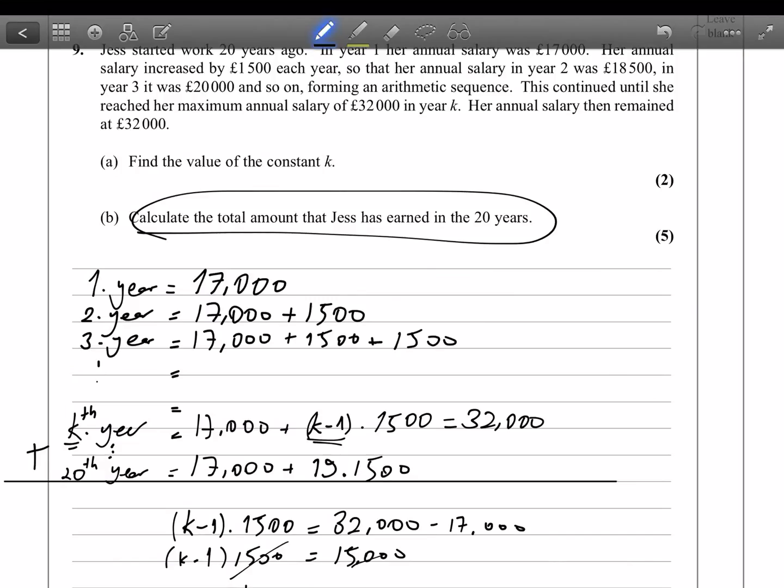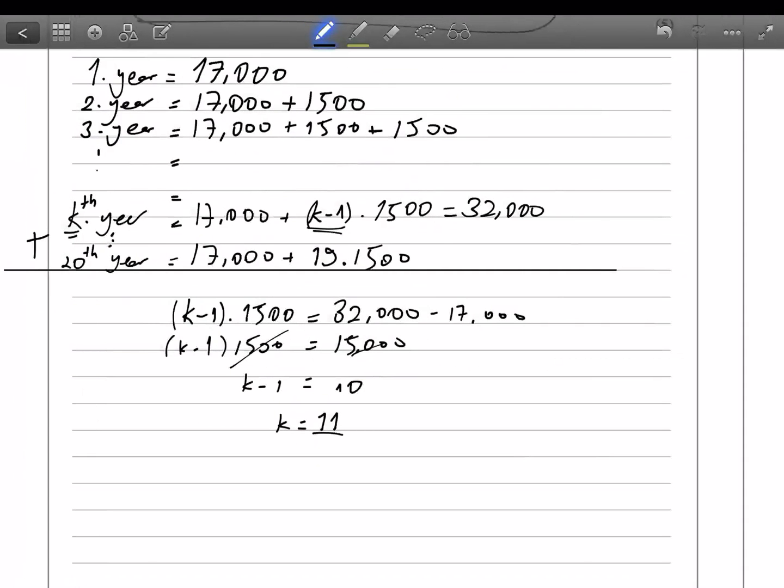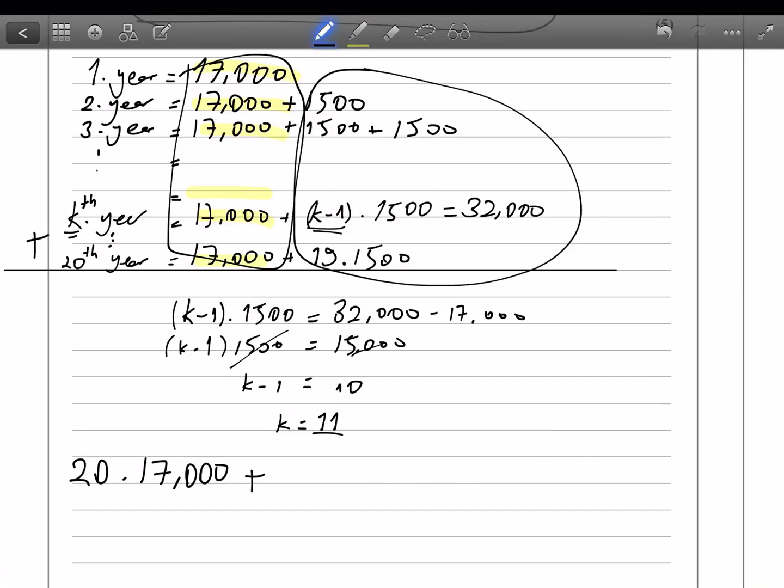Yes, let's do it in an easy way. We have 20 times of this salary, right? We have this salary, and we have how many of 1,500? At first, in the second year we have 1, third year we have 2, up to the 20th year we have 19.